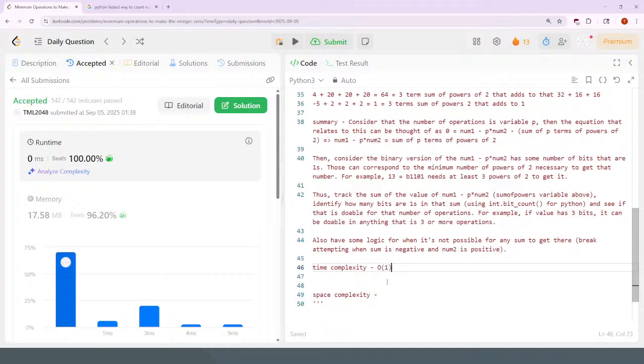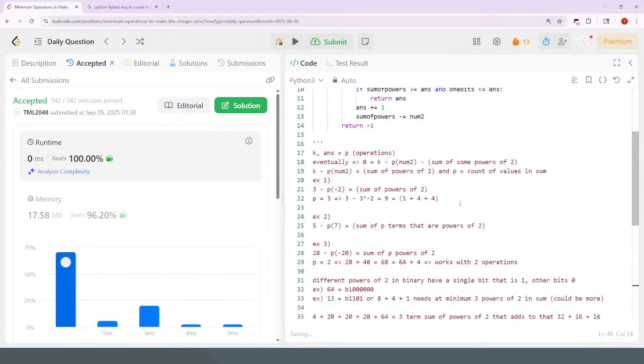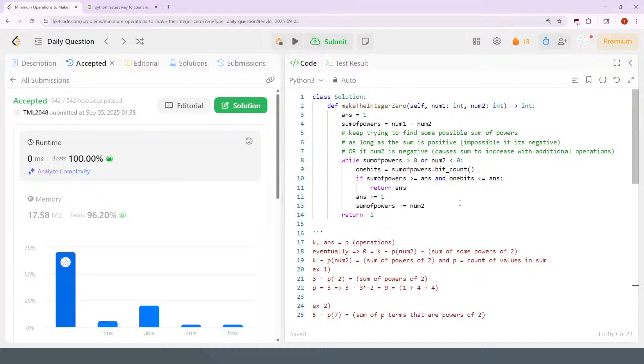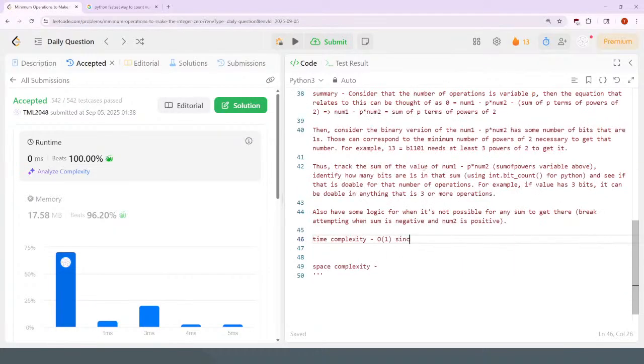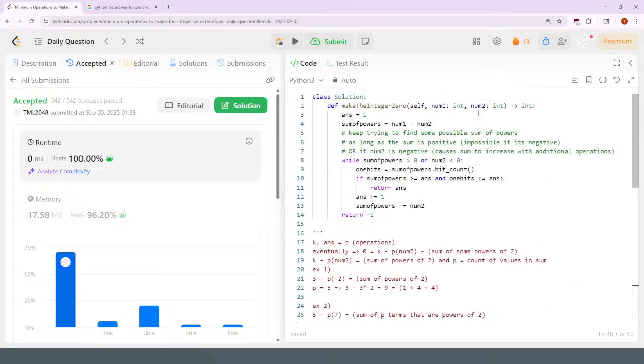Time complexity is going to be O(1). O(1)? Really? Yeah, it's pretty much a 1, since this will have some finite number of bits to work through. There's going to be at most like 30-something bits maybe.